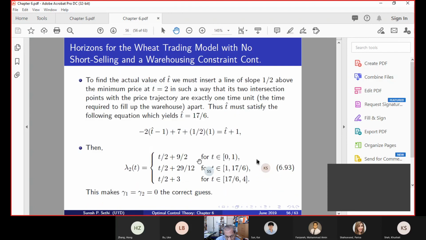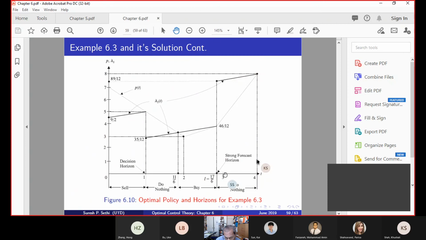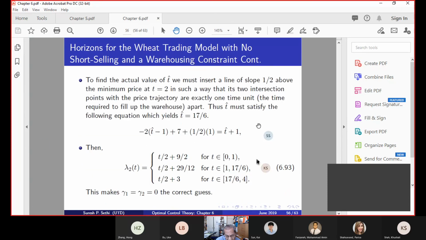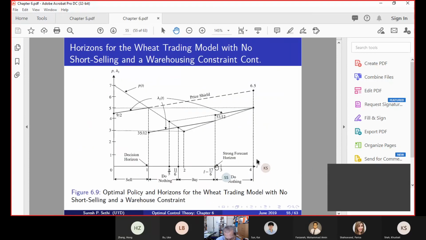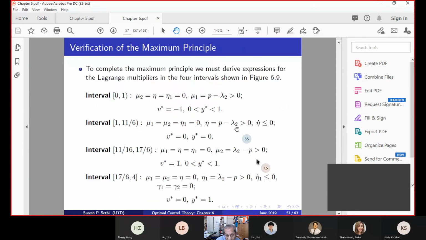So let's go to a bigger problem. I show you here that if I get the forecast up to 17.6, then any other problem with any arbitrary forecast will still give me the optimal solution, sell, in the period 0 to 1. That means that optimal solution will remain.